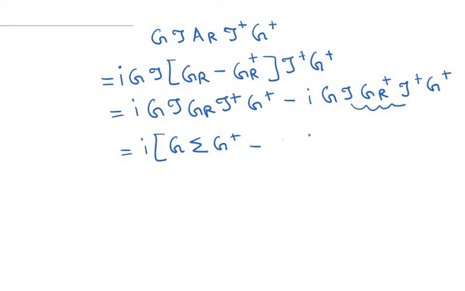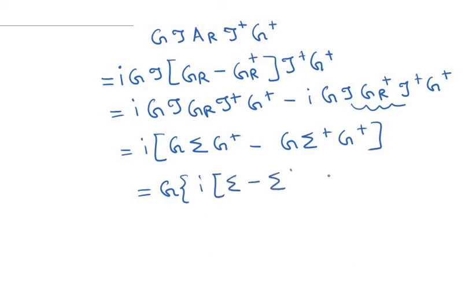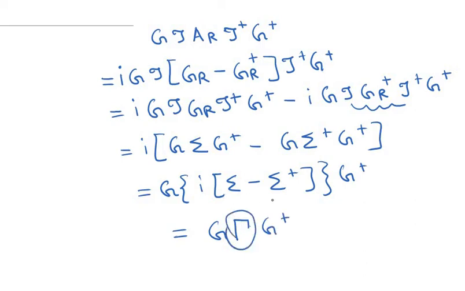So minus G sigma dagger G dagger. So this is equal to G, then i(sigma minus sigma dagger) G dagger, and this becomes equal to G gamma G dagger, and gamma is basically the imaginary part of this sigma matrix.